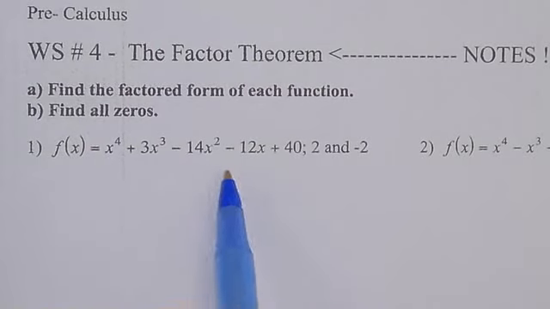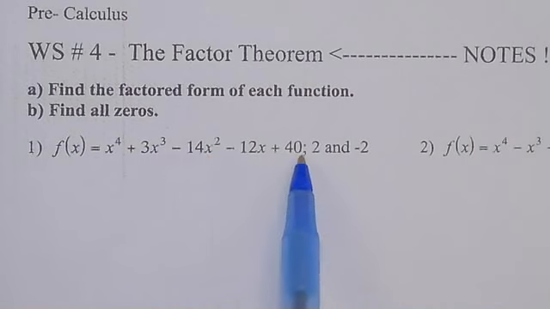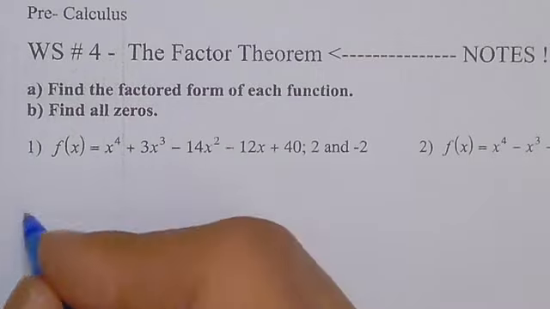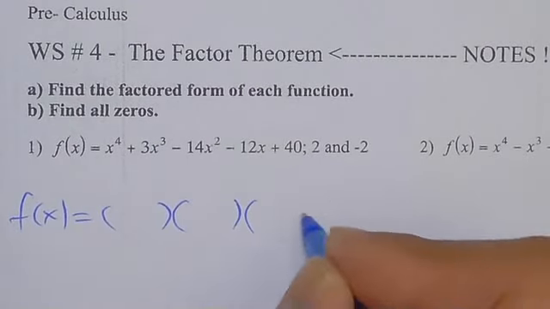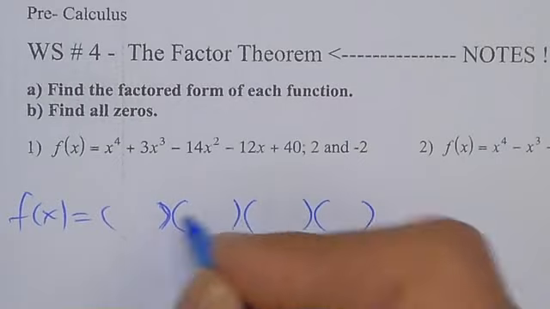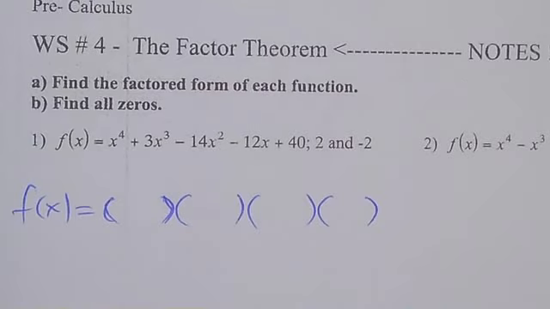Because if you remember the one from last week, I told you to always look for a GCF, and there was an X you can factor out. They all had an X. This one doesn't have an X. You cannot factor an X, so it has to stay to the power of 4. That means I'm going to need to find 4 factors like this, yeah?